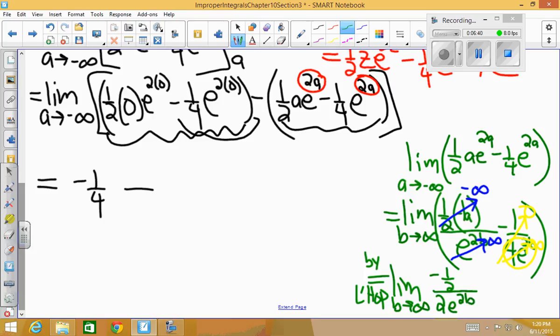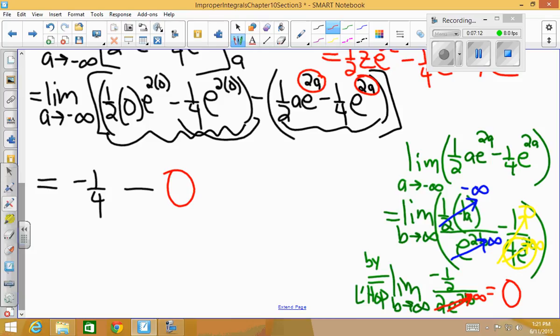Now, in this limit, the numerator is getting closer to negative 1/2, but the denominator is getting closer to infinity. B is getting closer to infinity, which means 2 times b is getting closer to infinity, so e to the 2b is closer to infinity, and 2 times that is closer to infinity. Negative 1/2 divided by something that's getting closer to infinity is getting closer to 0. So this whole thing actually just goes away in the limit.